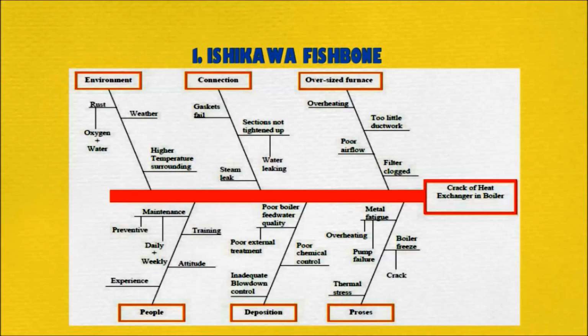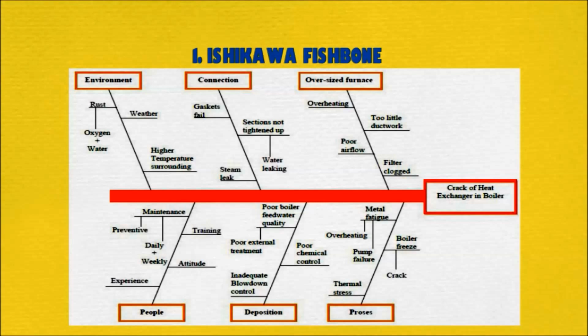Then the people factor means the attitude at work. Training is not provided for new workers, and there are also inexperienced employees. The people factor also includes poor maintenance, which is preventive and daily.